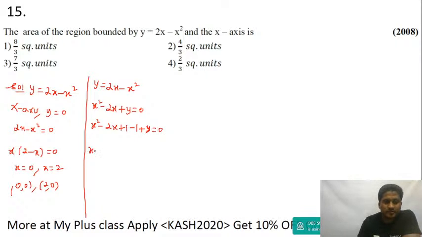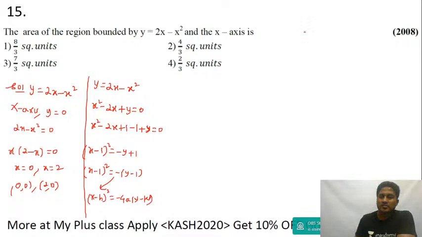The first 3 terms will be a perfect square: x minus 1 the whole square is equal to minus y plus 1, that is, x minus 1 the whole square is equal to minus of y minus 1. This is of the form x minus h the whole square is equal to minus 4a into y minus k. You get a downward parabola.